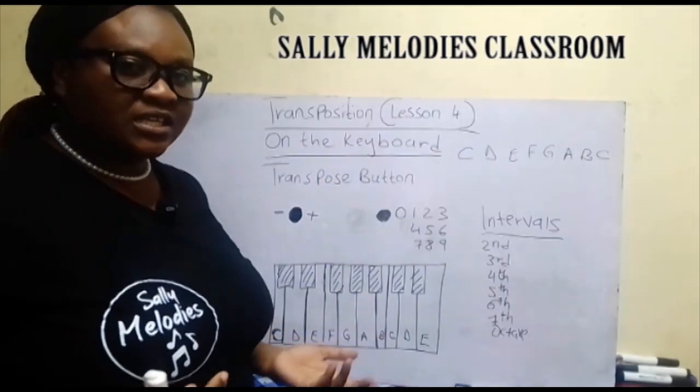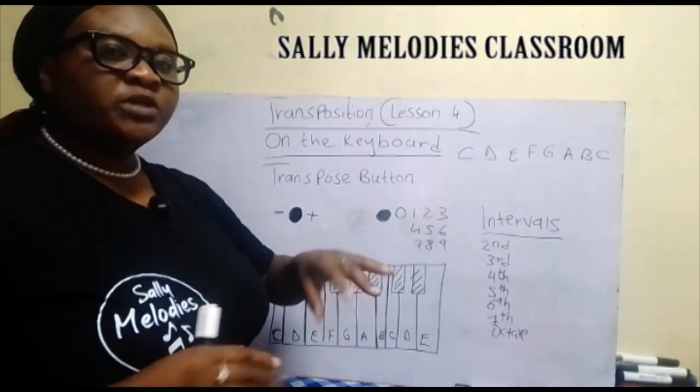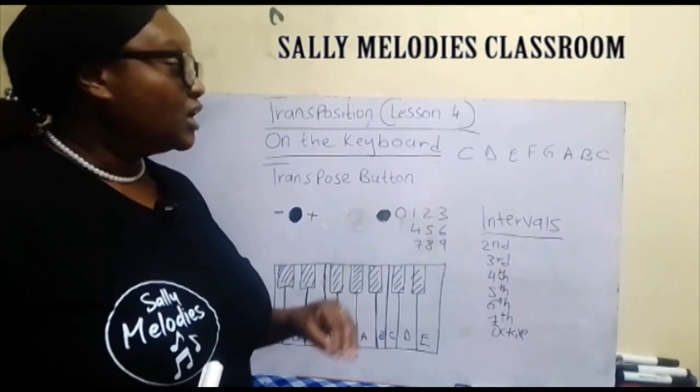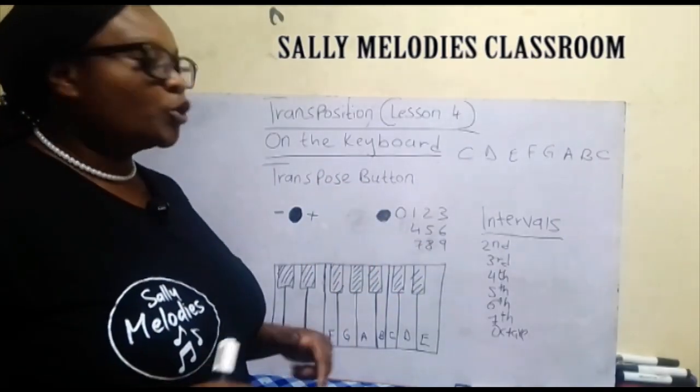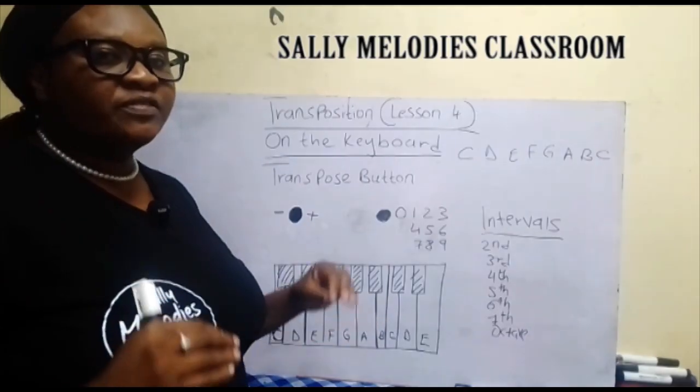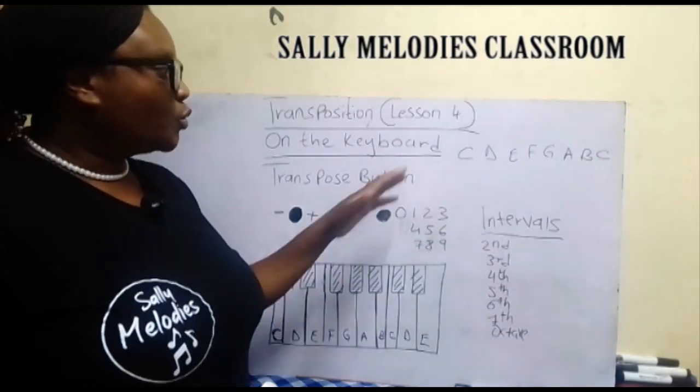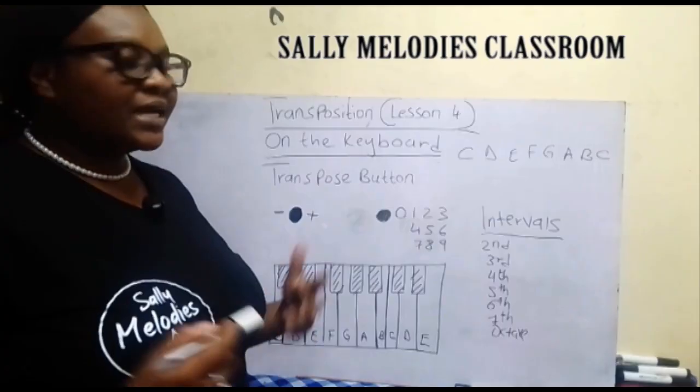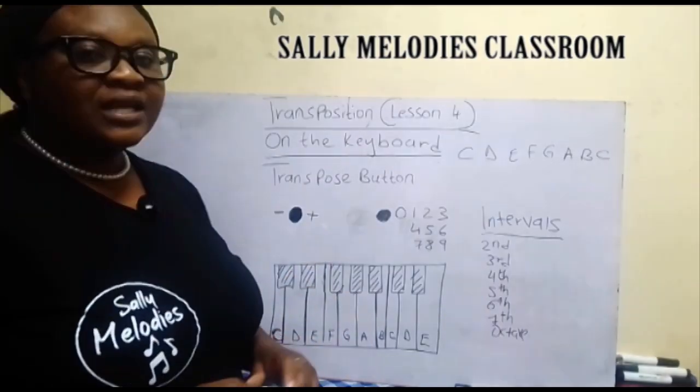But you cannot play a new key because you have not yet been taught, or you haven't been familiar with the chords. So, for example, let's take E. Let's say the song is in E major.